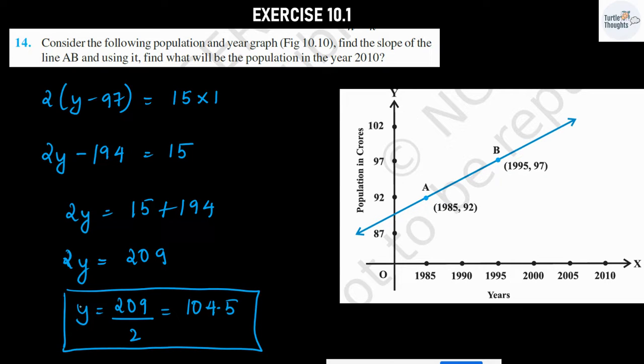But what is the value of y actually? This is the point which we are finding out, right? We are finding out a point C which is 2010, meaning that in the year 2010, what will be the population? The population is going to be 104.5.